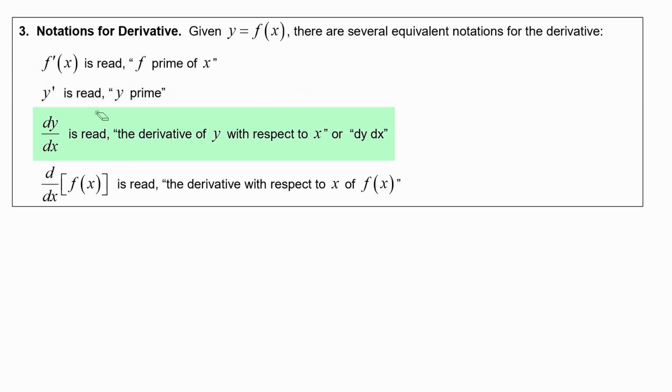This one is read the derivative of y with respect to x, or dy dx. And finally, this notation is read the derivative with respect to x of f of x. And you will see that we use all of these notations interchangeably.